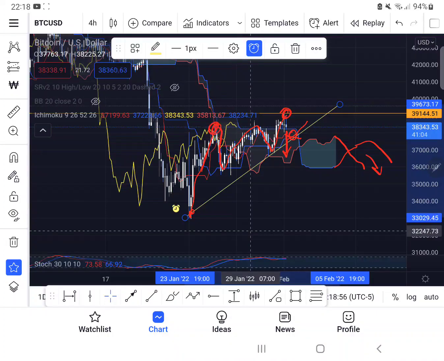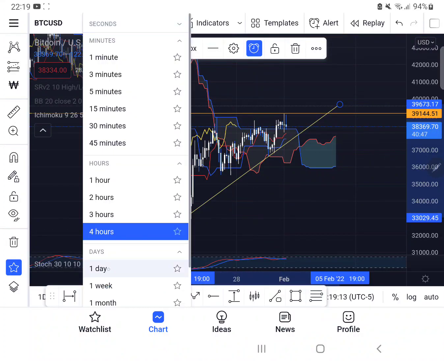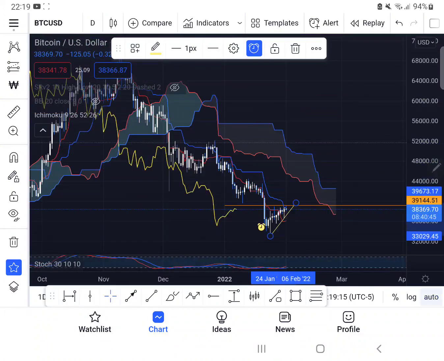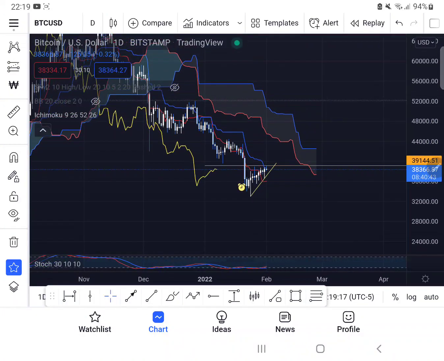It's just like an N wave, and the bottom is higher, supported by this tail line. But the bigger time frames tell you that it's a downtrend right now, and the thickness of the Kumo is not bad.